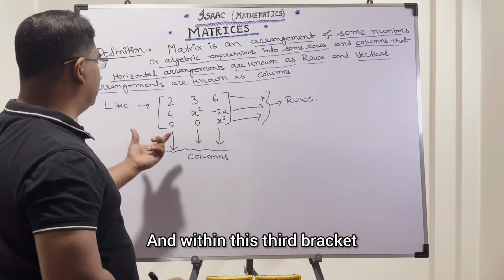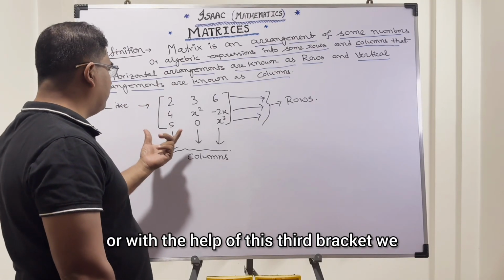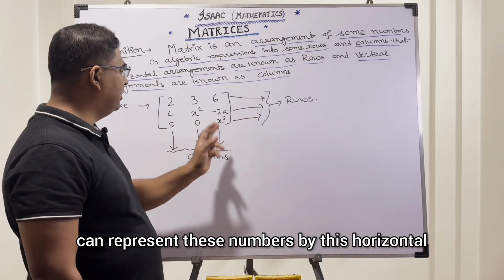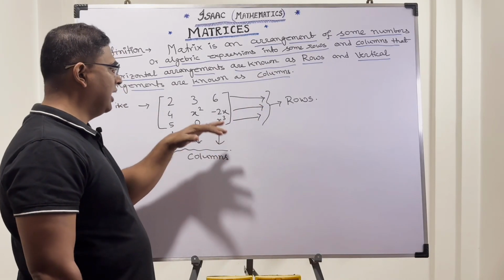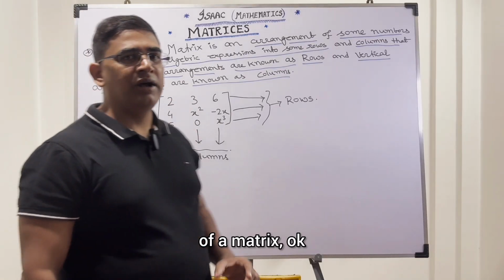Okay, and with the help of this third bracket, we can represent these numbers in these horizontal and vertical ways. That is why this representation is an example of a matrix.